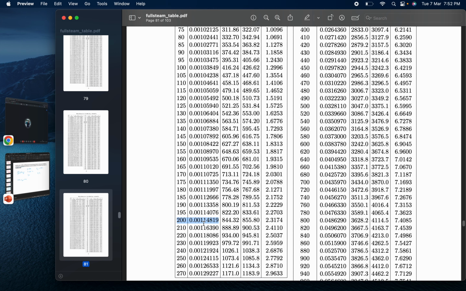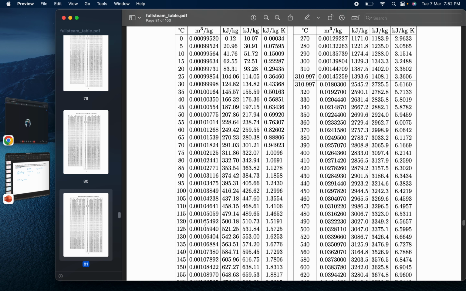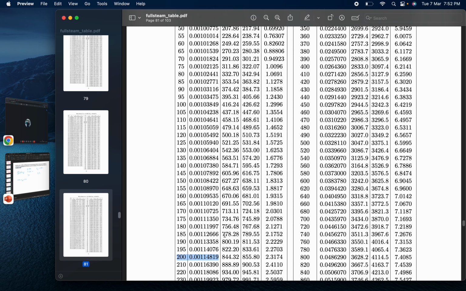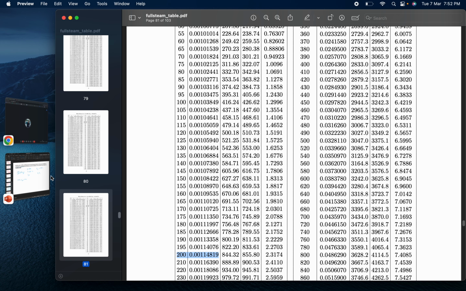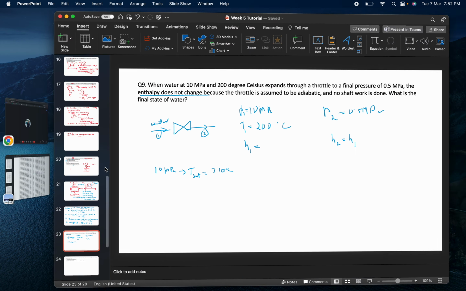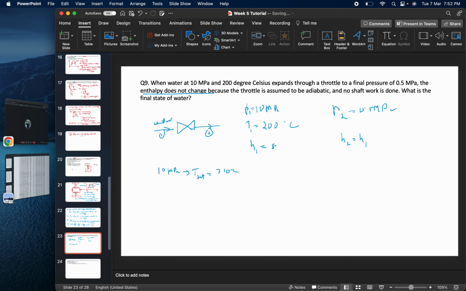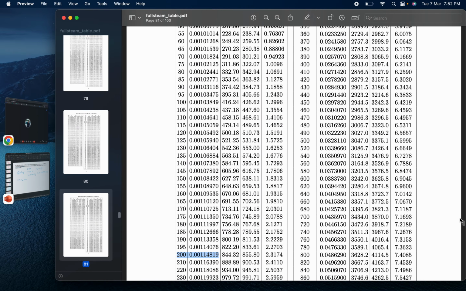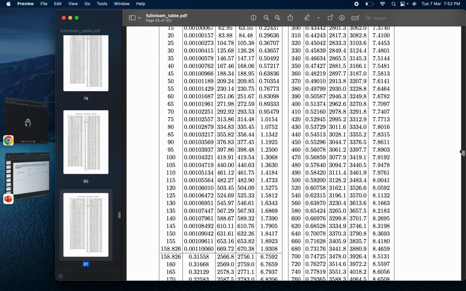This column is V, this is U, and this is H: V, U, and H. It is 855.80 kilojoule per kg, so H1 is 855.80 kilojoule per kg, and H2 is also 855.80 kilojoule per kg.